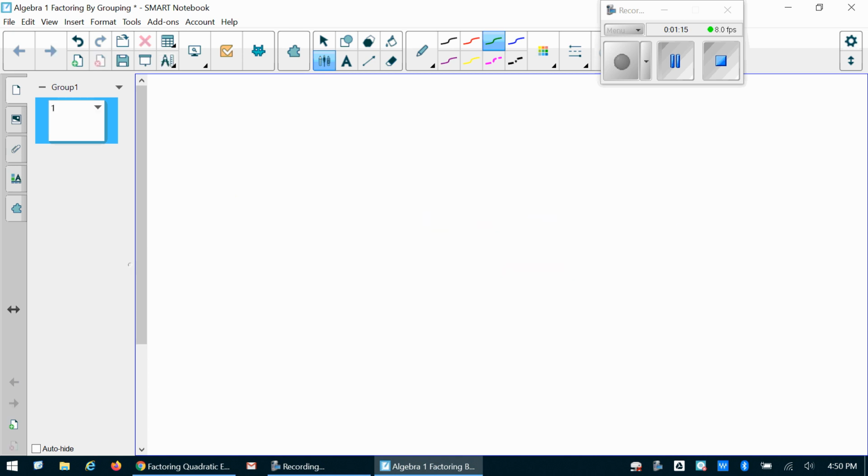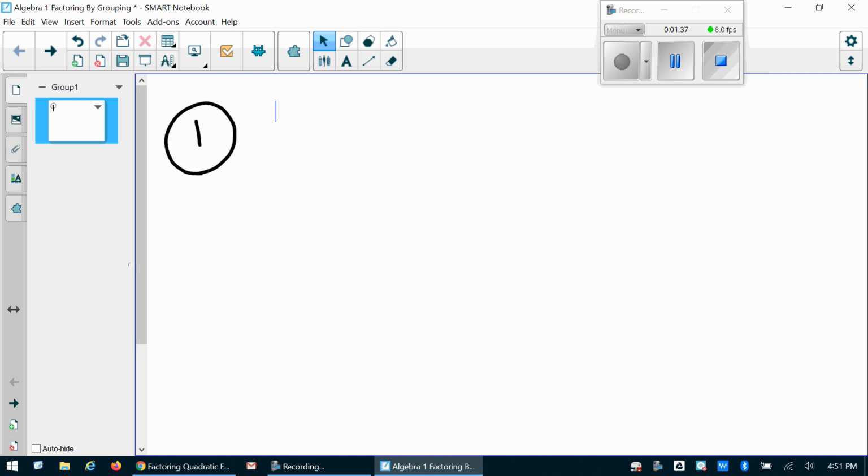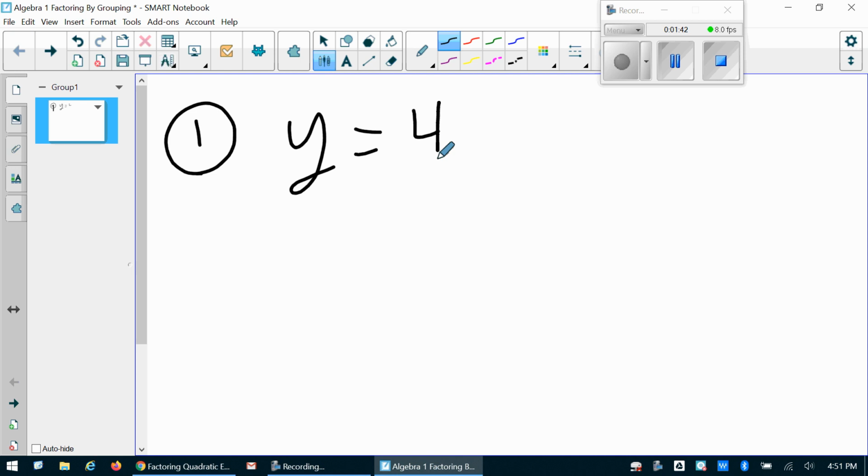Okay, so let's call this example 1. Let's factor y equals 4x squared plus 7x plus 3.